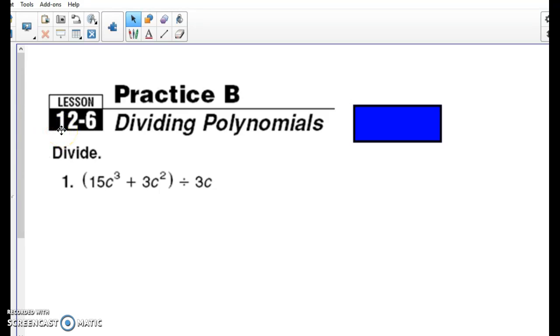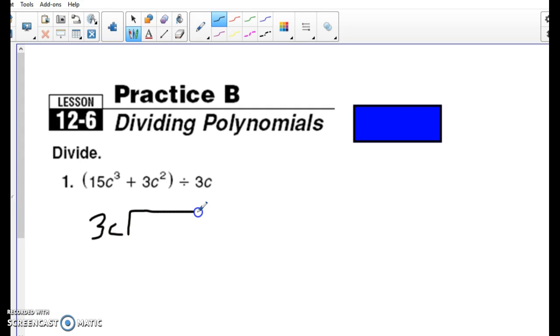So if I have a problem like this, 15c cubed plus 3c squared divided by 3c, there's two different ways to do this. I can divide it just like how it says. So I'll have my 3c divided into 15c cubed. If I'm dividing, I'm just going to literally divide my numbers and subtract my exponents.